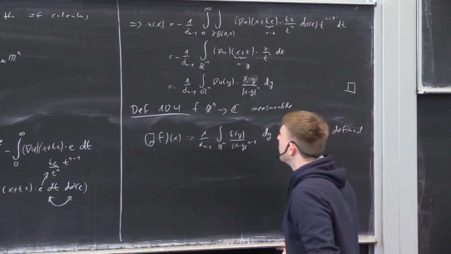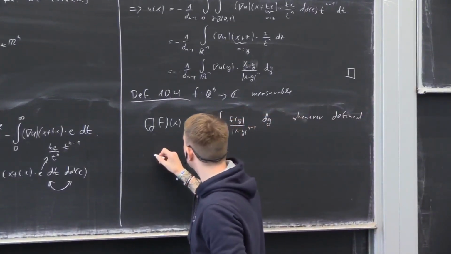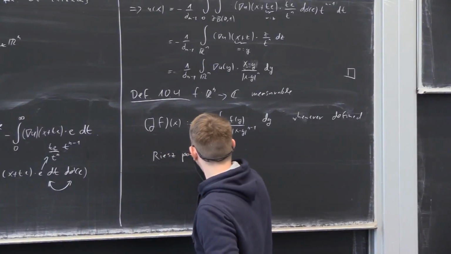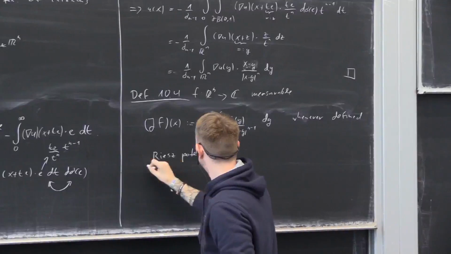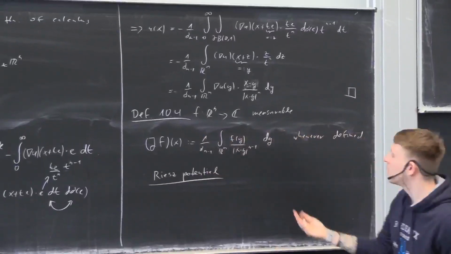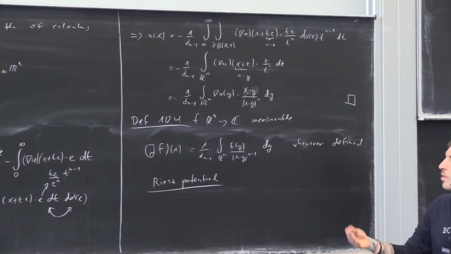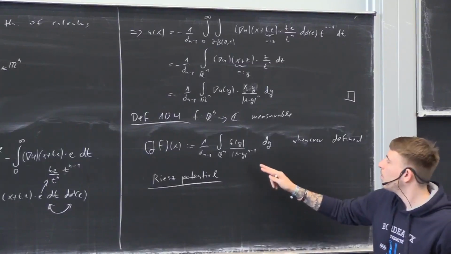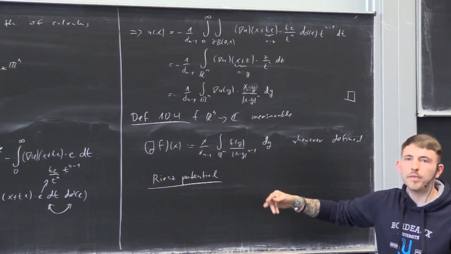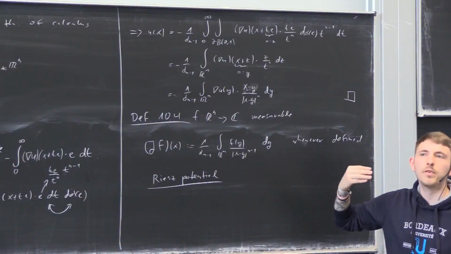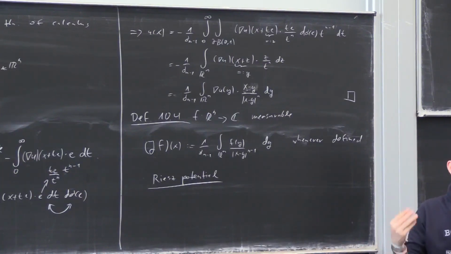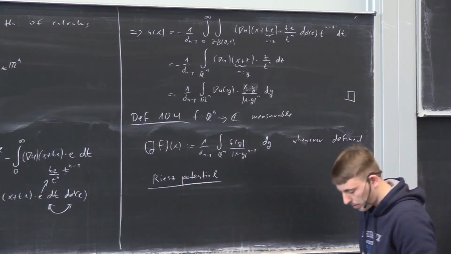So this mapping is called the Riesz potential. And it's called a potential, we will see this later. Somehow we have an integral operator that acts on f, and it will make things better. A potential is usually something which takes an object and makes it better and not worse.